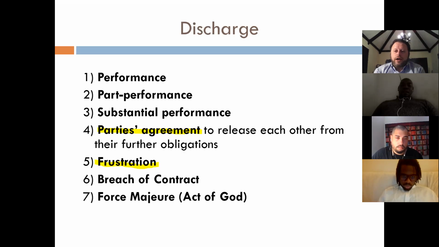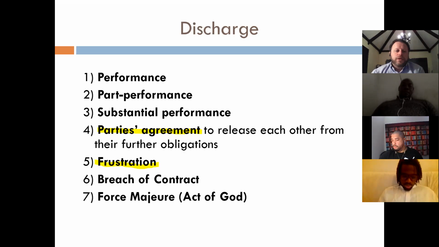Can you and I agree to terminate the contract? Yeah, if both sides sit down and talk about the ending, sure. We sit down, we talk about it. You agree, I agree. We shake hands, we rip up the contract. Fine. That's parties' agreement.